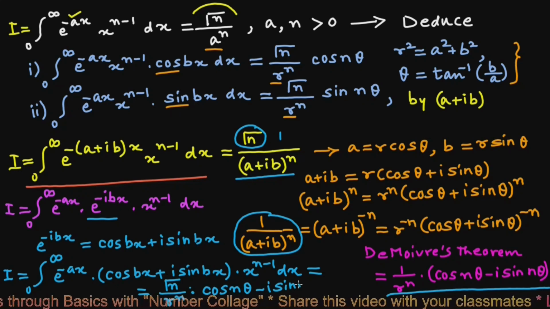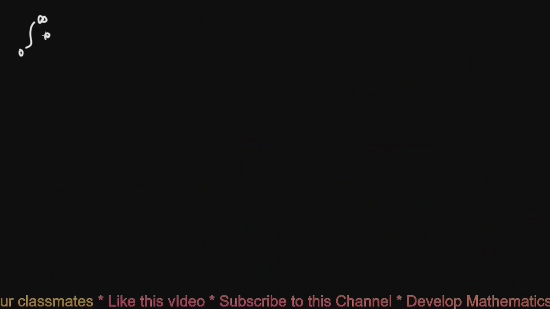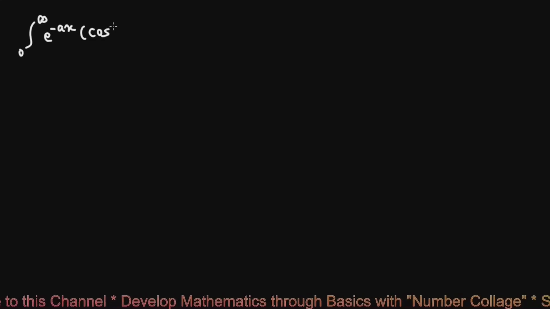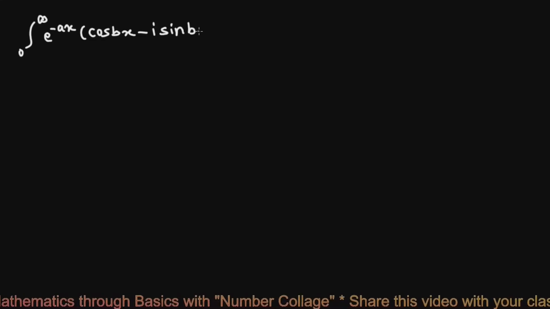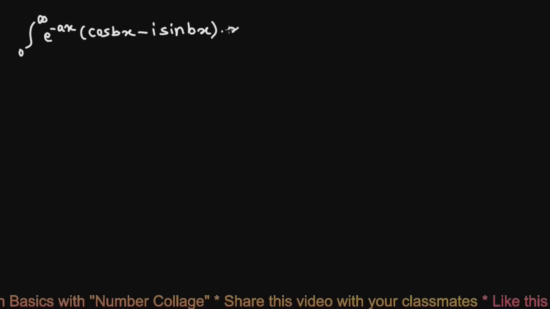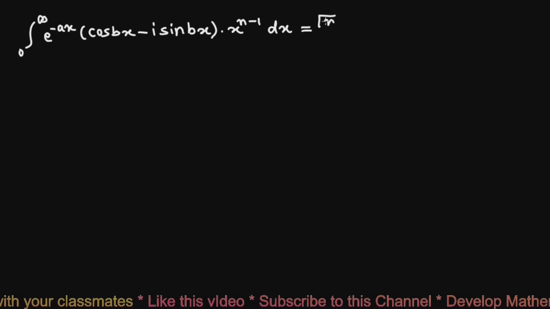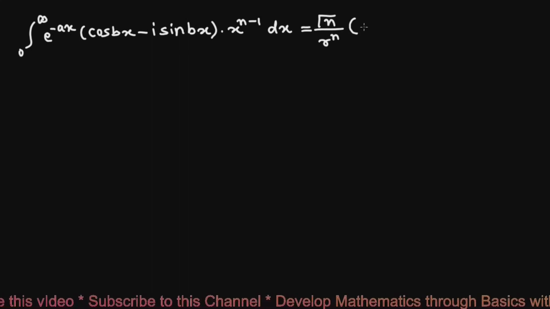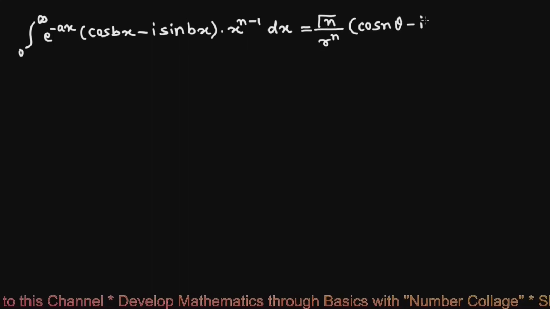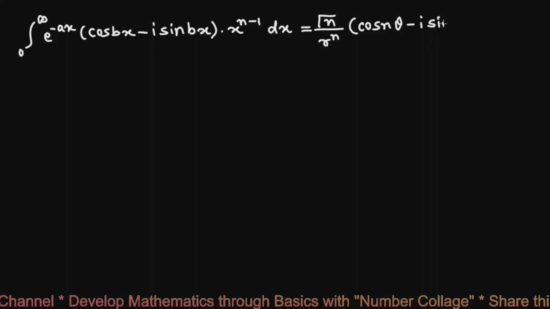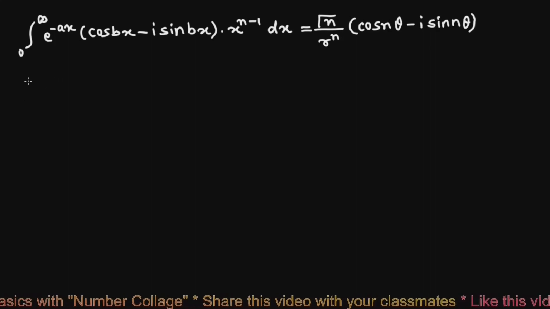For better understanding, let us write the last part once again. Integral from 0 to infinity of e raised to minus ax into (cos bx minus i sin bx) into x raised to n minus 1 dx equals gamma n upon r raised to n into (cos n theta minus i sin n theta). Let us write this in the expanded form.